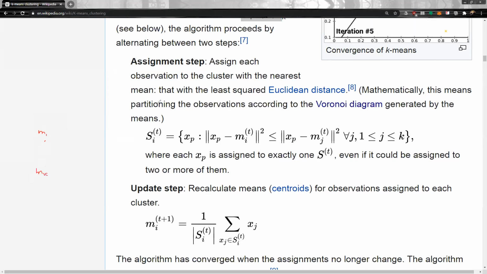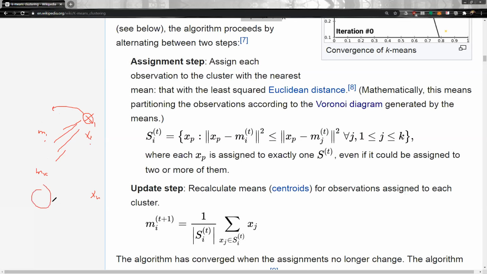Now we do the same thing over here. We have x1, x2, to xn data. Again we measure the distance to each center, find the nearest one, and assign the point to the set corresponding to the nearest m.